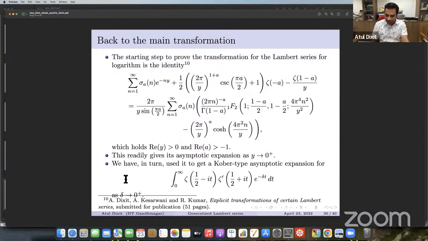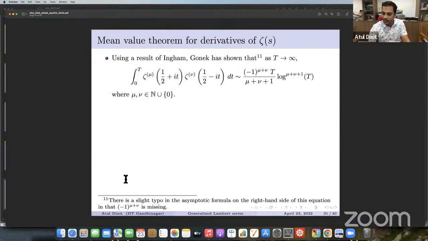Okay, so let me say in my last slide that there have been results due to Ingham which have been applied by Gonek to get asymptotics for this particular integral. Note that it's not the smoothly weighted one, it is the one with t.